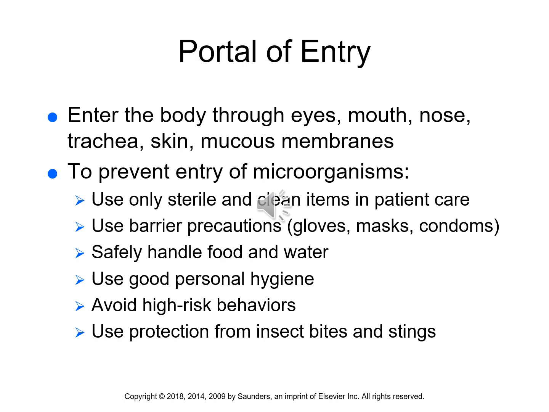If you have broken skin, the skin acts as a barrier to prevent bacteria from entering the body. But if there's broken skin or open wounds or something like that, that allows for bacteria to enter the body. So preventing entry of the microorganisms is how we're going to prevent infection.